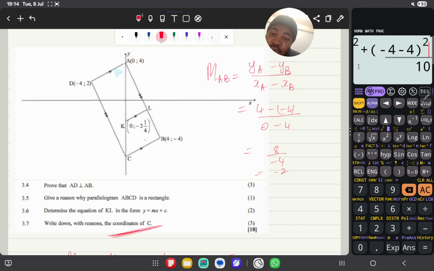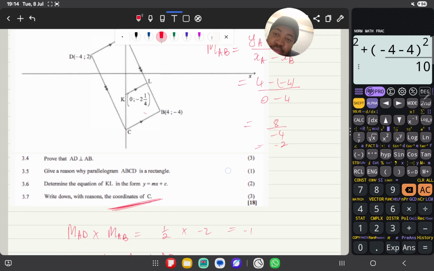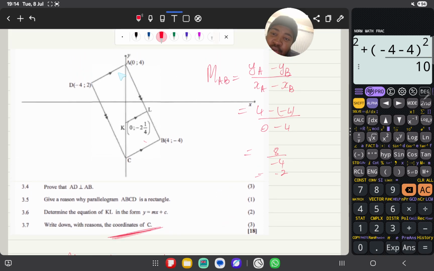And then the corner angles. Since DA and AB are perpendicular, they give you 90 degrees. So the interior angles will be 90 degrees, because these two lines are parallel lines, so this angle plus this angle have to give you 180 degrees. We have 90 here, therefore we have 90 here. We have 90 here, therefore we have 90 here, and therefore we have 90 there.